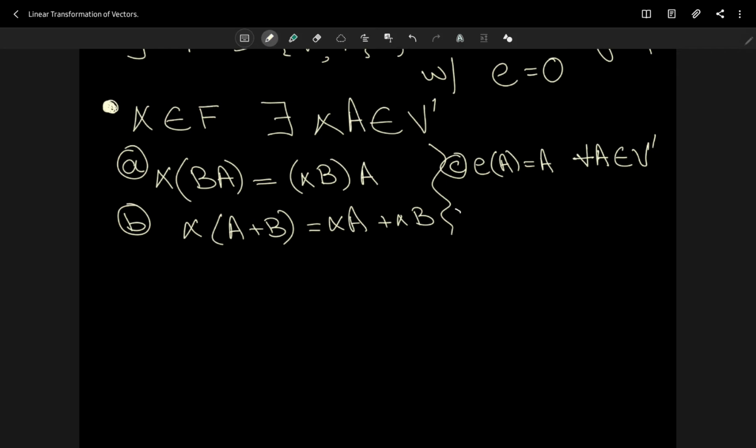And the last one is if I have alpha plus beta, two different scalars, on A, that is the same thing as alpha A plus beta A. Okay. So with this, I have answered part of the question.